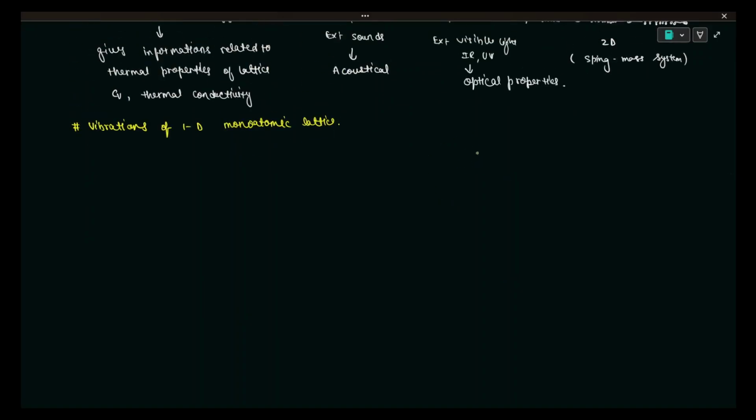You can consider a 1D monoatomic lattice as a 1D spring mass system, where each mass is connected with a spring with the spring constant beta, and these atoms are equally spaced with a lattice spacing of a.